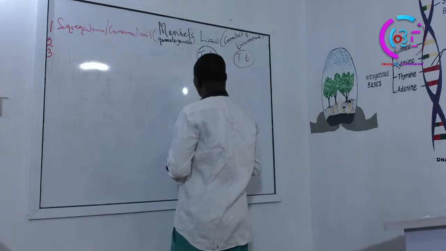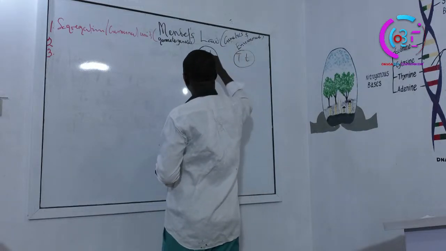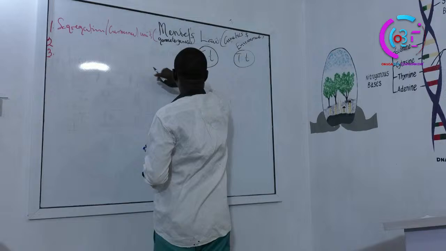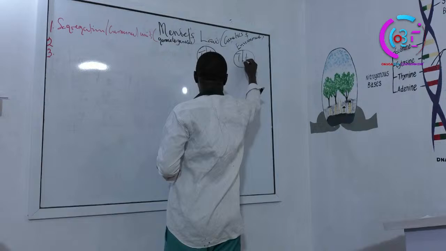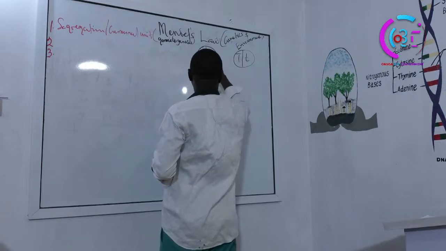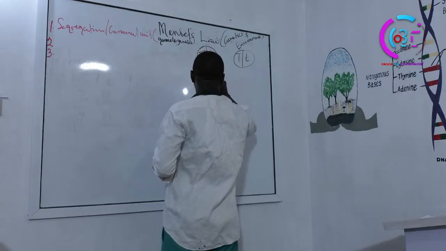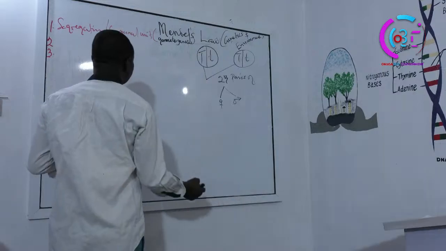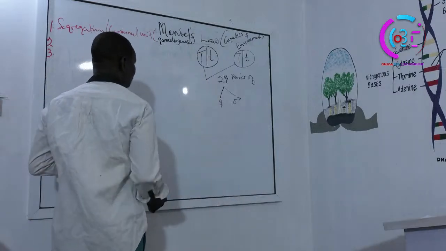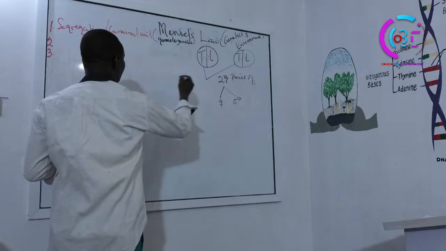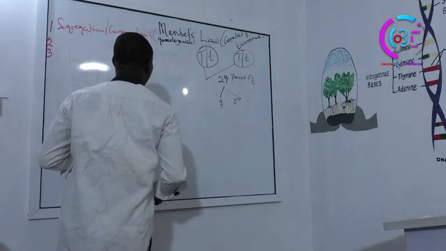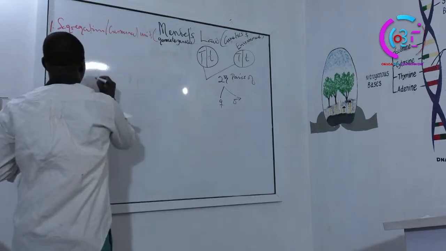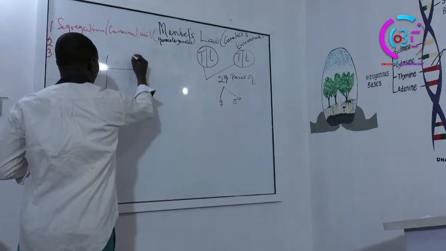So what the first law is telling us is that this one will behave as a unit. This one is going to take part during the process of gametogenesis, and we also started with the use of Punnett square.